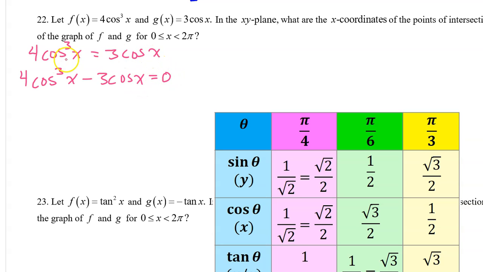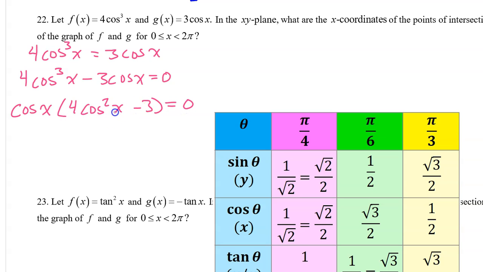Now, that cosine that we kind of wanted to divide by is now the GCF on the left side of the equation. So we factor out a GCF of cosine x, the common factor. That will leave behind 4 cosine squared x minus 3 is equal to 0.